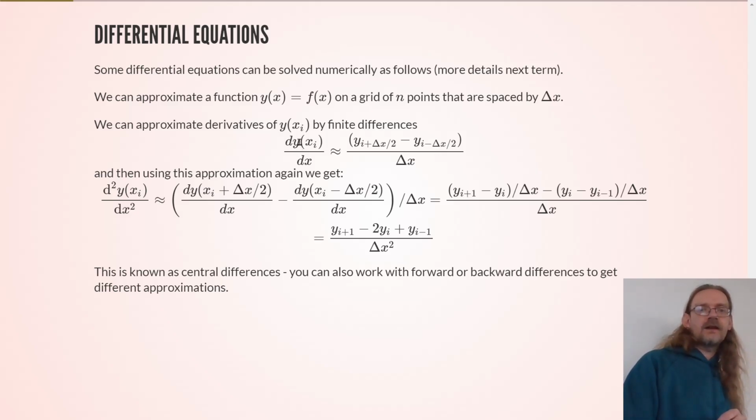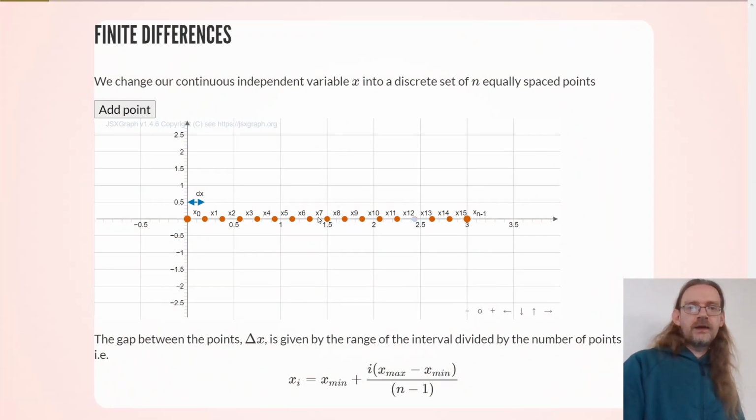So the derivatives are of the function y, which we're solving for essentially. We want to find out what y is. If you think back to differential equations, we want to know what function y satisfies this equation. So our first derivative of y around the point xi, where i could be 7 for instance, is the derivative of this function at this point.